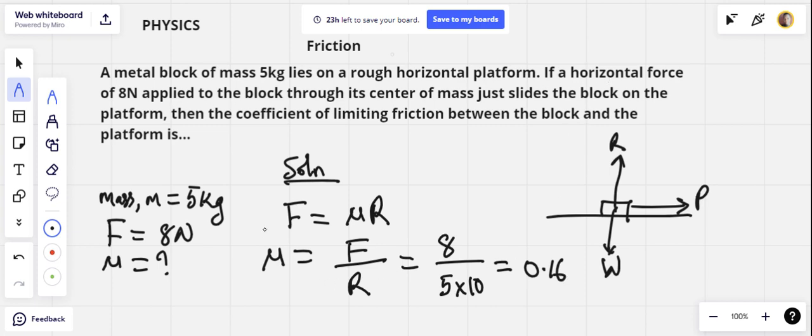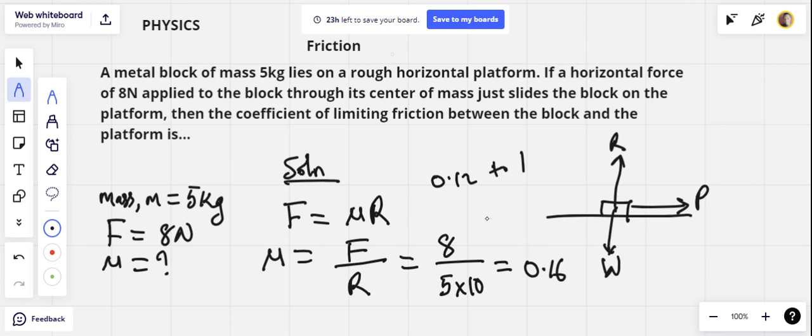So the roughness of the surface is 0.16. This means that the surface is not that rough. Coefficient of friction ranges from 0 to 1, and can never be greater than 1.